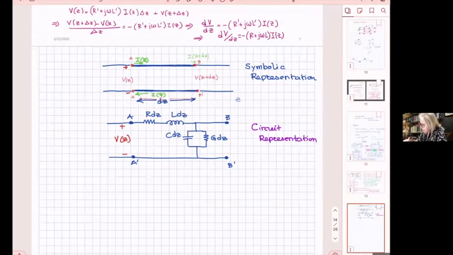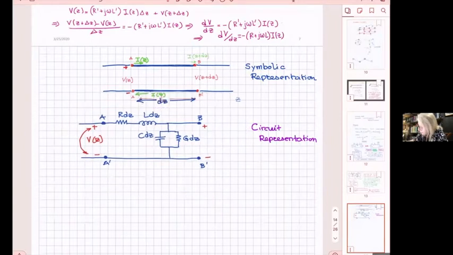So how do we incorporate them, since in the circuit representation A and A prime and B and B prime have collapsed because there are no lengths involved? We are going to include it here. So at the output, we are going to write the voltage. Let me just move this a little further out to the left.